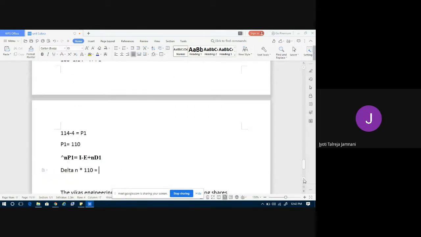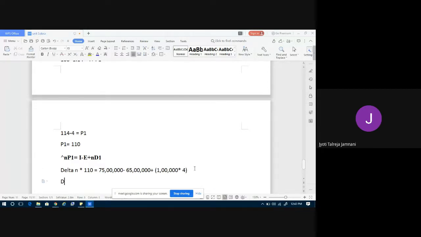So 75 lakh minus 65 lakh plus N into D1. N is 1 lakh shares, into D1, which is 4 rupees per share dividend, which we calculated. They had given 4 lakh, we divided by 1 lakh shares and we got 4 rupees per share.